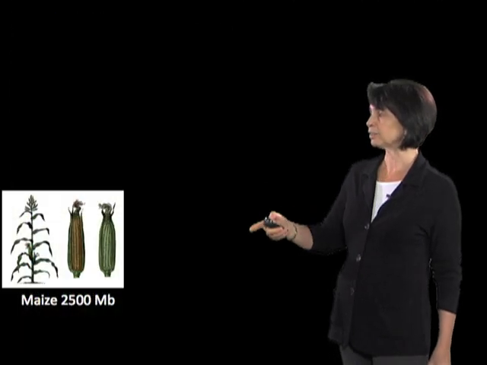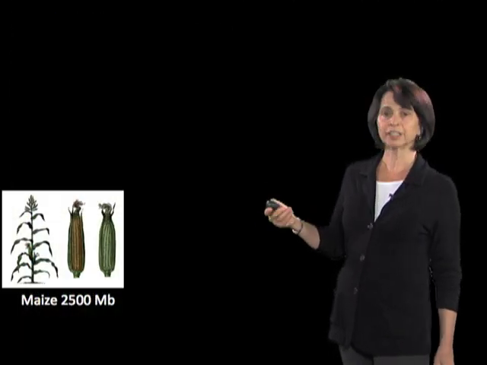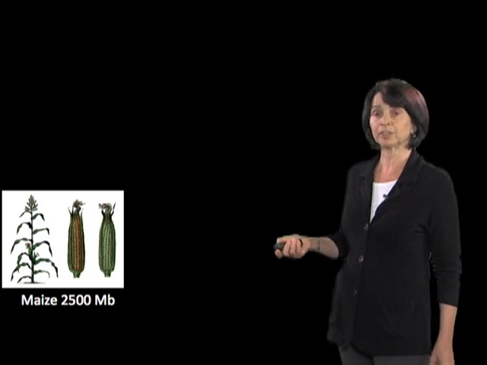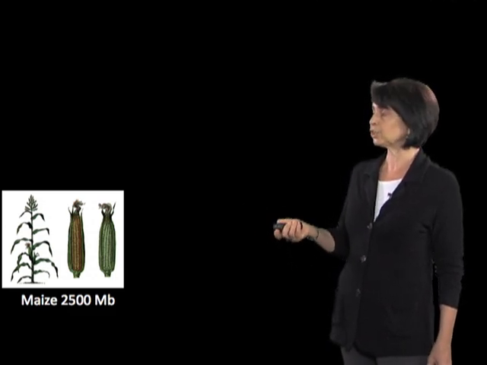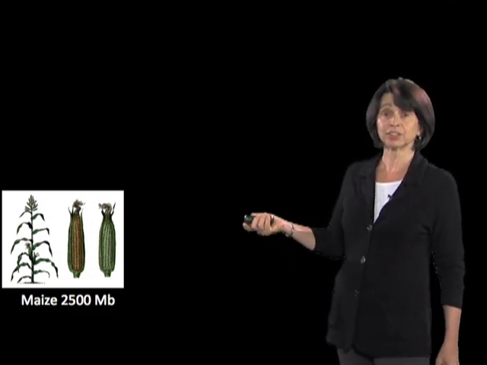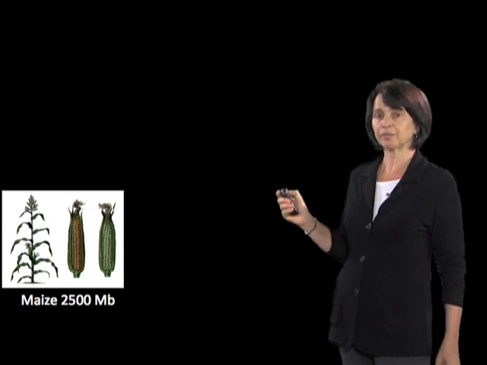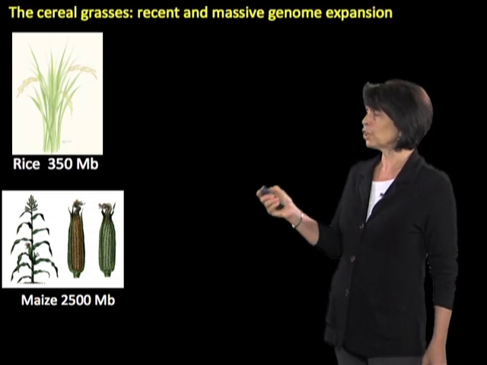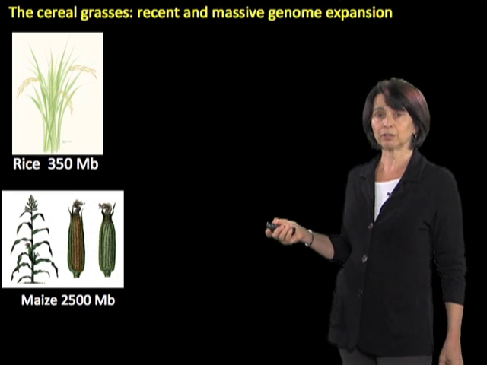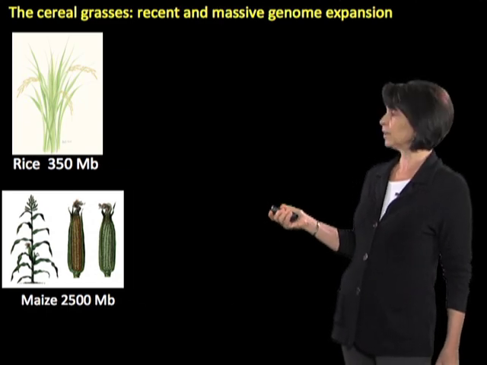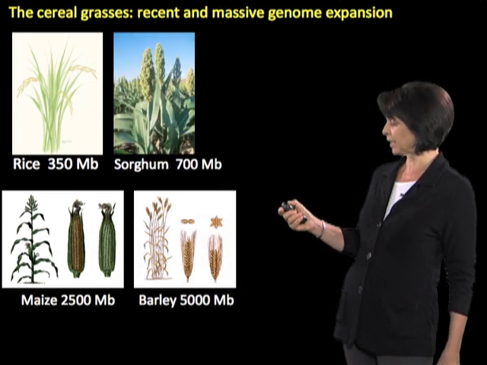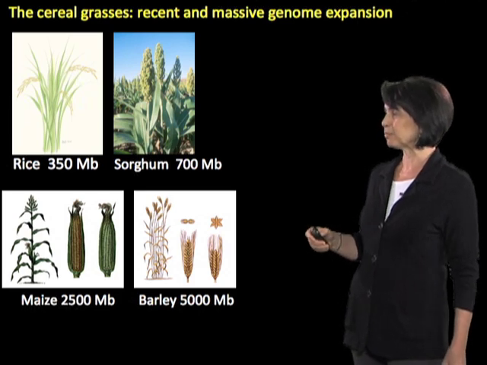I think I mentioned that maize has this really, really large genome of 2,500 megabase pairs, about the same size as the human genome, very dynamic, very complex. The rice genome is significantly smaller, about 6-fold smaller. And it is of this group of grasses that I talked about before.